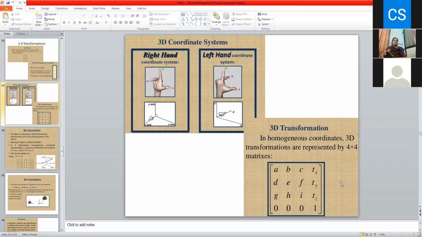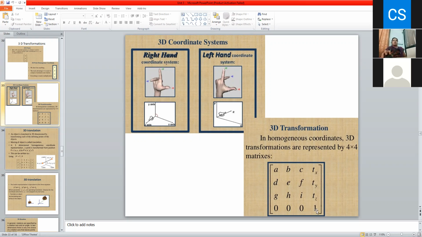Then we have seen the combined T transformation matrix, in which the transformation matrix is a 4x4 matrix, where this column indicates the translation along x, y, and z respectively. So tx, ty, tz are the three values which are the translating factors along the x-axis, y-axis, and z-axis. Then we have seen these three elements are always 0.